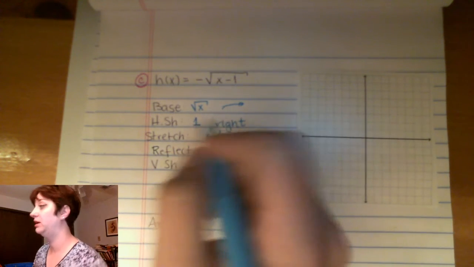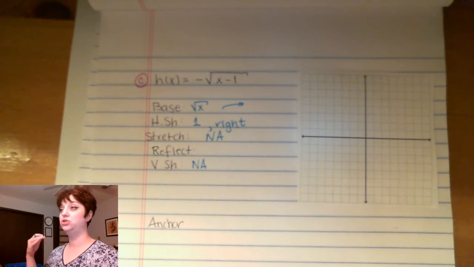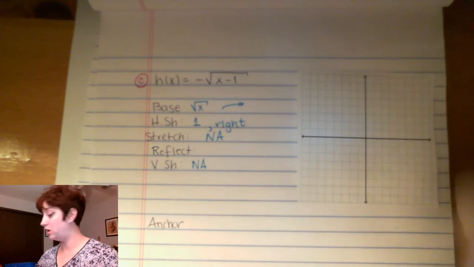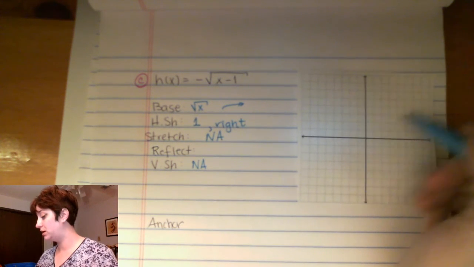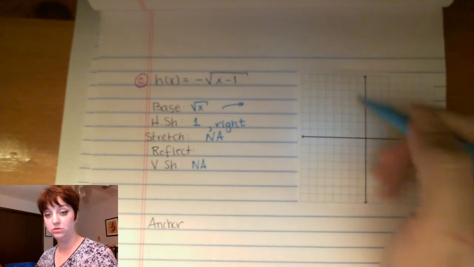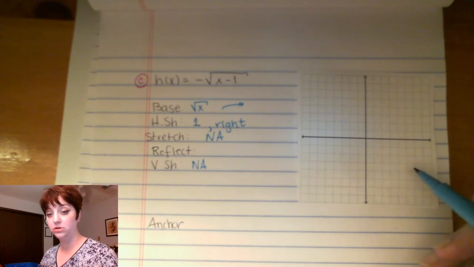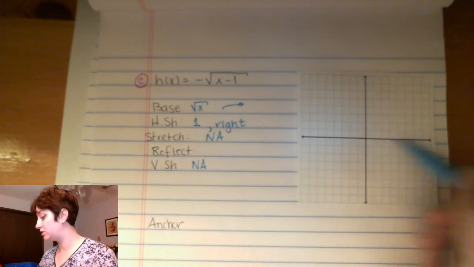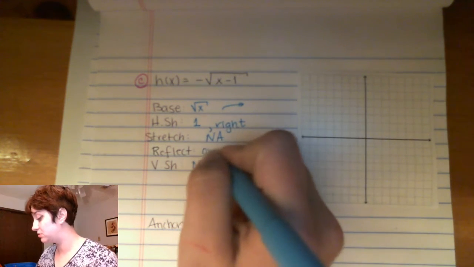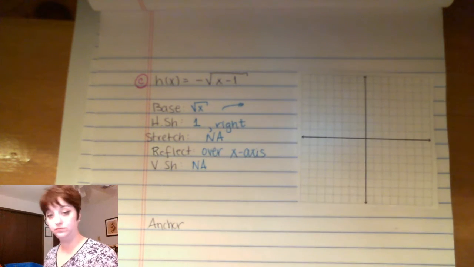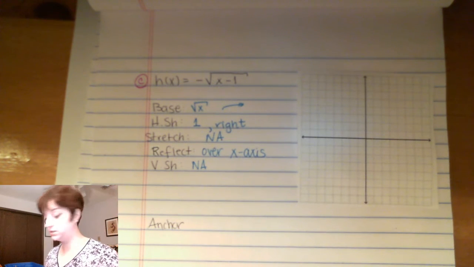So that means it's outside, changes y values. So I'm going to go from positive y values to negative y values. So that means I'm going to reflect over the x-axis. All right, and that's it.